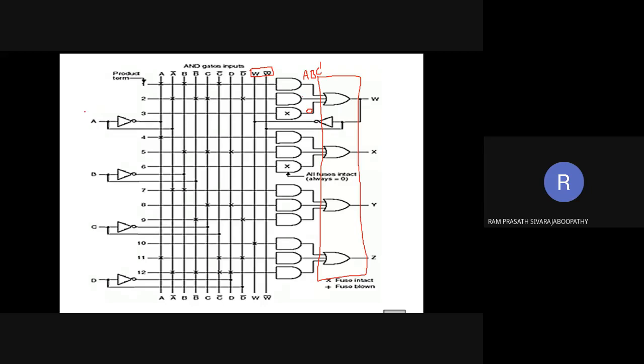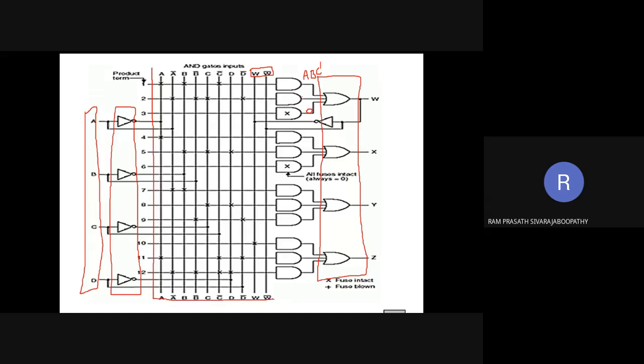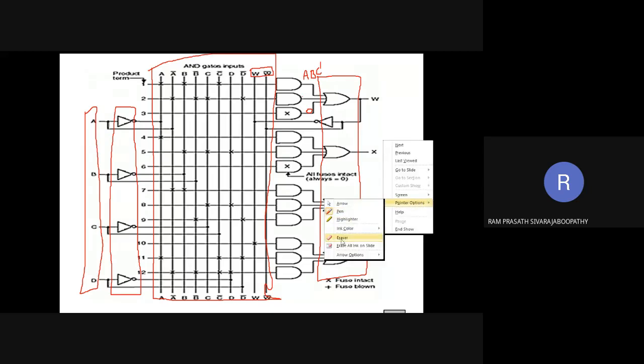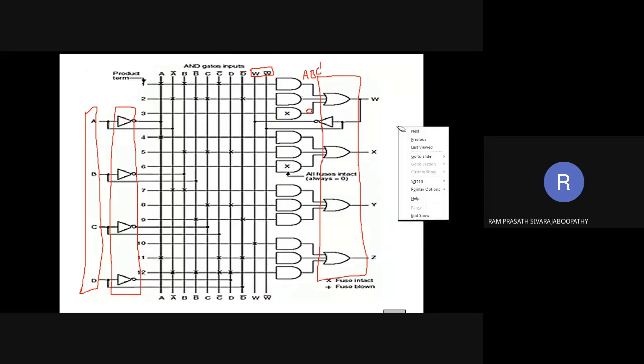Clear? So we are having 4 input variables. Then we will be having the buffer and inverter array. So this portion is the buffer and inverter array. And this thing, the matrix we have drawn here, represents the programmable AND array. Programmable AND array. Wait a minute. The entire thing we have to mark. We have to take up to the AND gates.